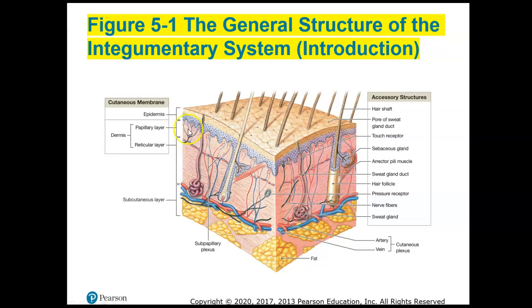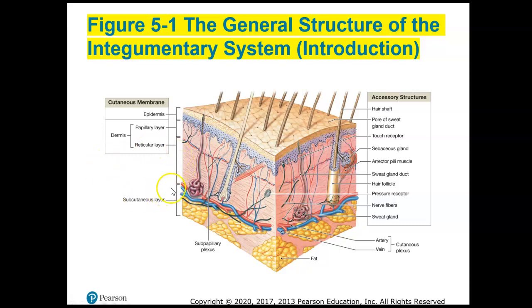Then we have the dermis, which is composed of the papillary layer, which is the superficial layer, and the reticular layer, which is the deep layer. If you'll recall, the papillary layer is composed of areolar tissue, and the reticular layer is composed of dense irregular connective tissue proper.